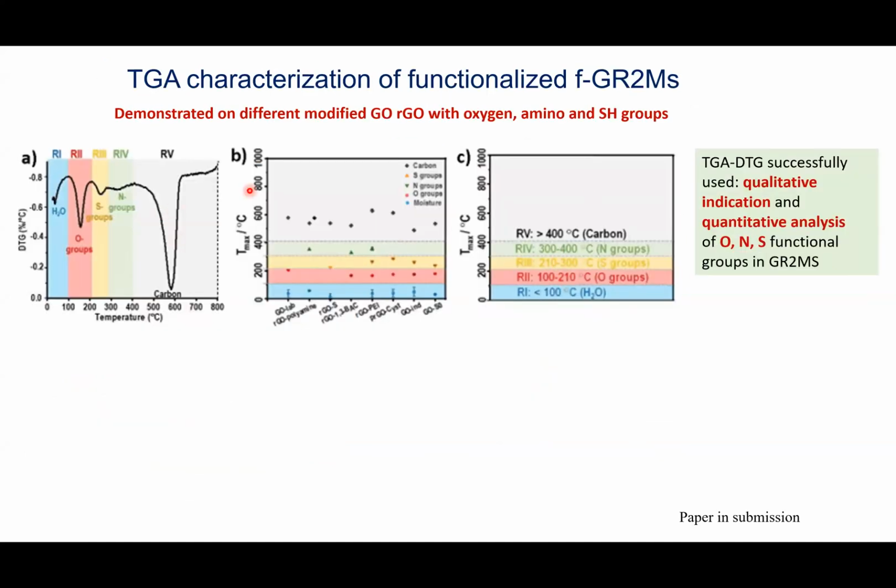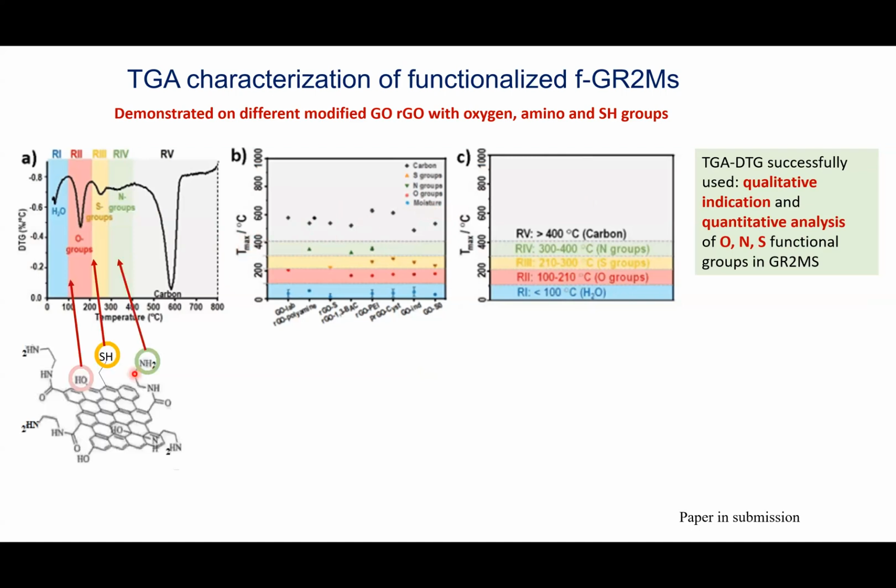In our most recent work, we also showed how the TGA method can be used for analysis of functionalized graphene materials, which are a very important type of graphene for many applications. We tested samples modified with oxygen, sulfur, and amino group, and all of them show different peaks.